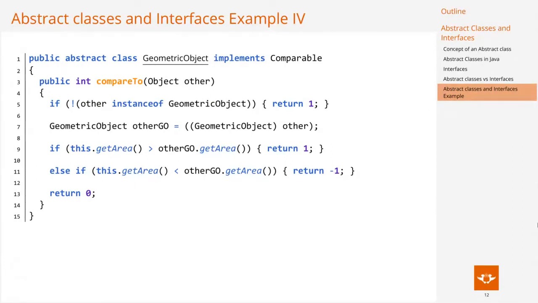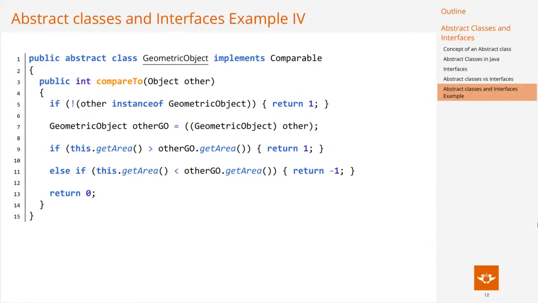If our area is greater than the other area, we return 1. If our area is less than the other area, we return -1. Otherwise, if those two if statements don't return, that means the areas are equal, we can return 0. This is because every geometric object has to implement area. You have to have a value for that.